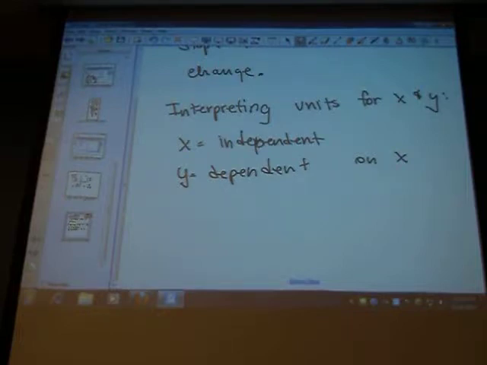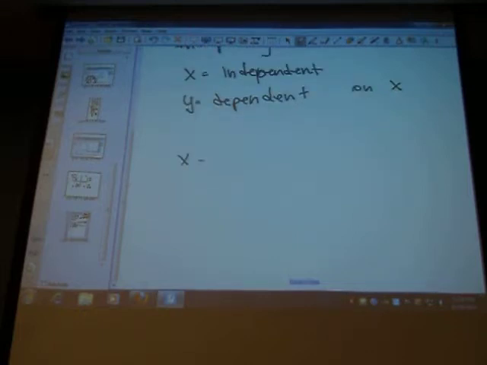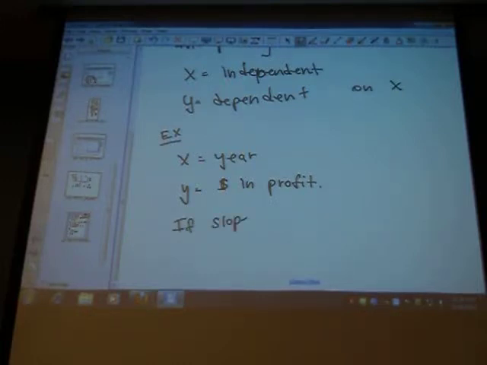Can you give an example of this? So, like if X is the year, and Y is your dollars in profit, then to interpret the slope, let's say our slope is -30.